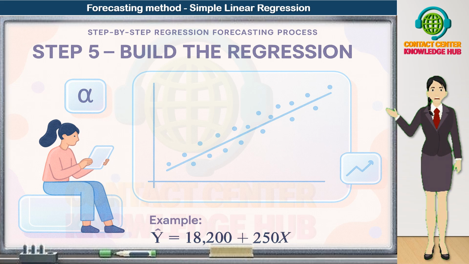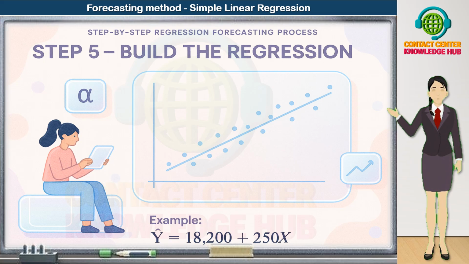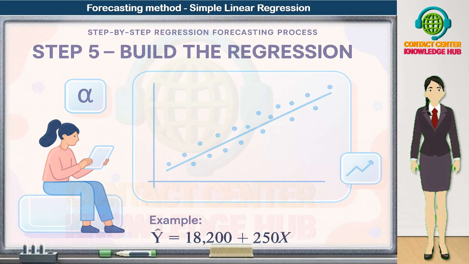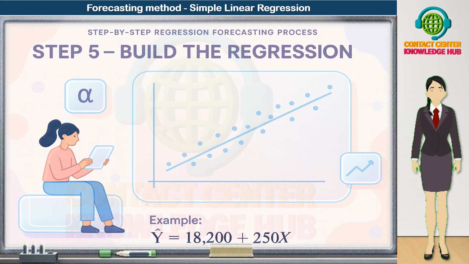So our regression line becomes y equals 18,200 plus 250x. This equation tells us how the forecasted value changes as the time index increases. Every time x goes up by 1, the predicted value increases by 250. This is the final formula we will use to generate future forecasts.